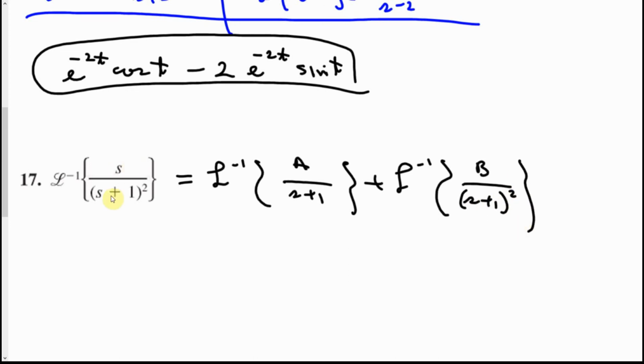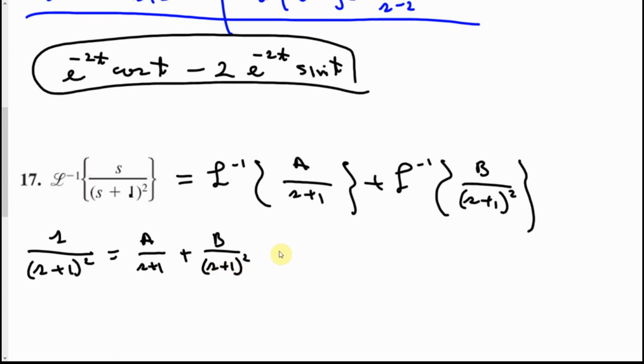If it was just 1 over (s plus 1) squared, then we can easily get that. So all I've done was to look at s over (s plus 1) squared is equal to A over (s plus 1) plus B over (s plus 1) squared.